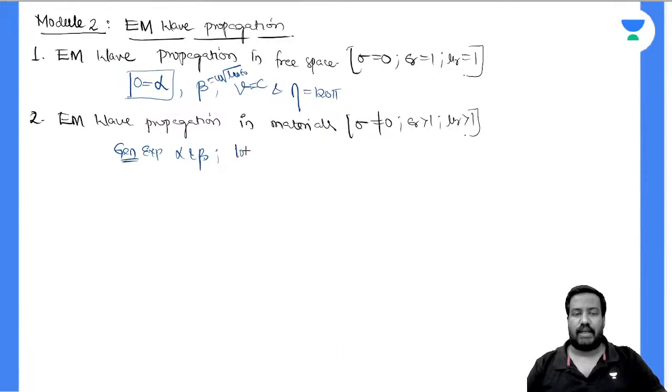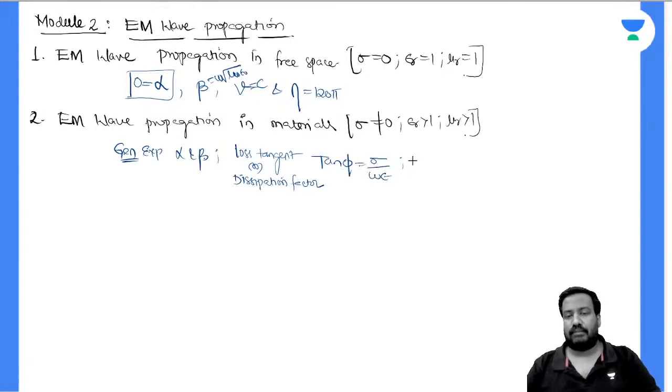We defined loss tangent, also called dissipation factor, given by tan phi equals sigma by omega epsilon, where phi is 2 times theta n, where theta n is the angle of intrinsic impedance.